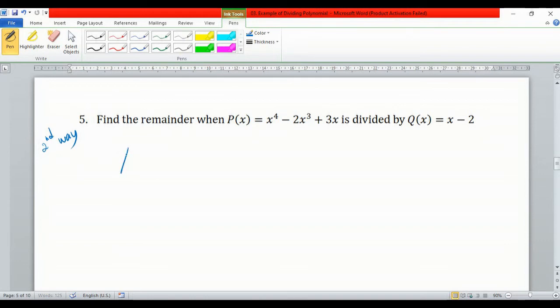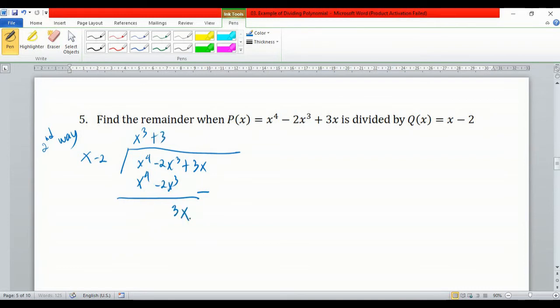You need to put x^4 minus 2x^3 plus 3x in standard form divided by x minus 2, right? So x^4 minus 2x^3, you subtract them, you will get the result 3x. So plus 3, you will get the result 3x minus 6.